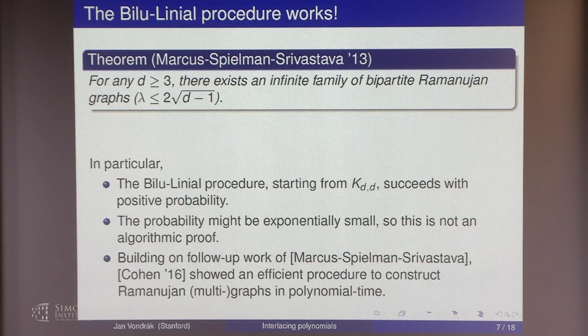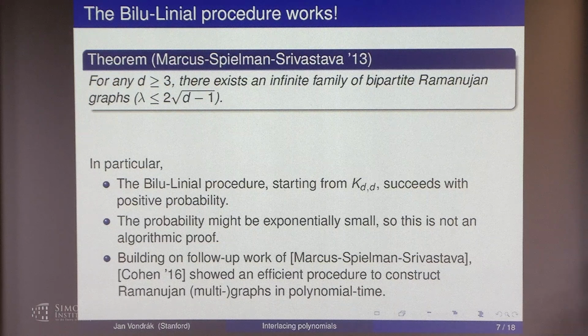What else do I want to say at this point? So this can be viewed as a randomized algorithm. The theorem claims that this succeeds with positive probability. But the probability might be very small. So this is not an algorithmic proof, from a CS point of view at least.